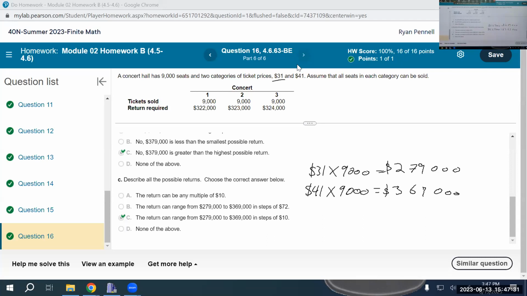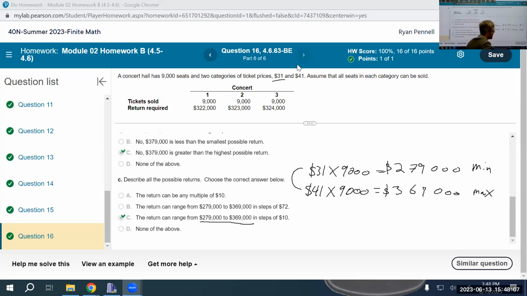Okay, that's all that can happen. Here's the minimum, here's the maximum, and the difference between the two prices is $10. So I claim from the minimum to the max in steps of 10 would be the range of the prices. That's the end. I always try to show the word problem. And that's the last one for this week.